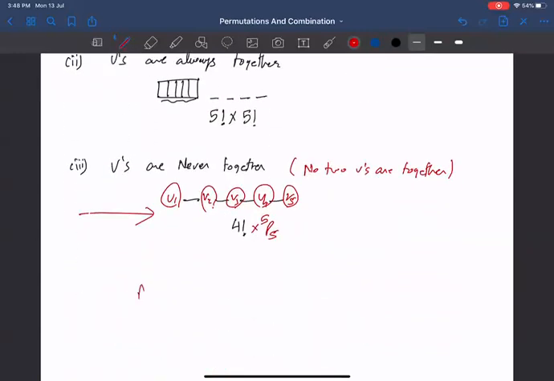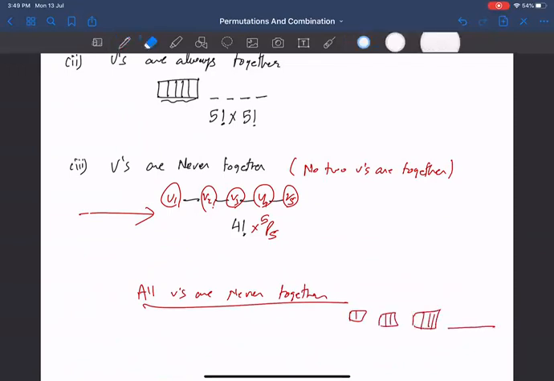All vowels are never together means you can have 2 vowels together, you can have 3 vowels together, you can have 4 vowels together, but 5 के 5 साथ में नहीं चलेंगे. Are you getting it? Yes, sir.